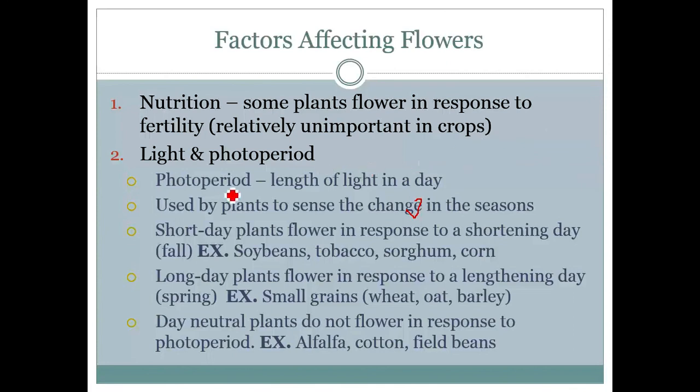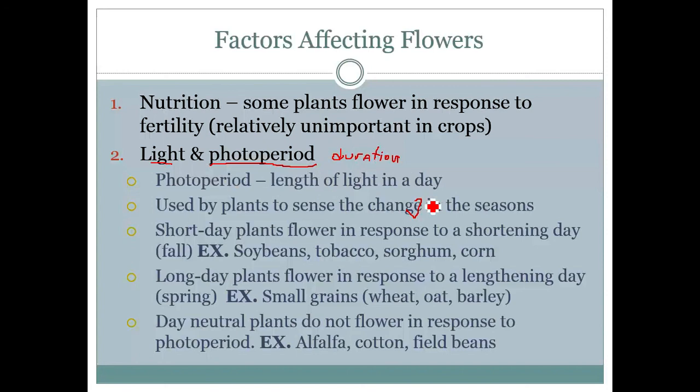Of much more importance is the light, and here's where the photoperiod comes in. Remember, we talked about earlier how the duration of light is important, and when we mention the term photoperiod, we are talking about the length of light in a day.